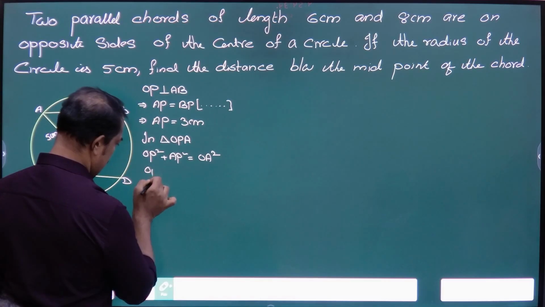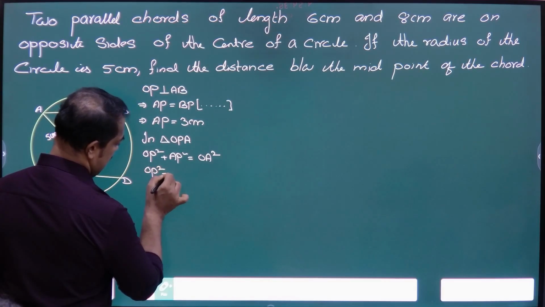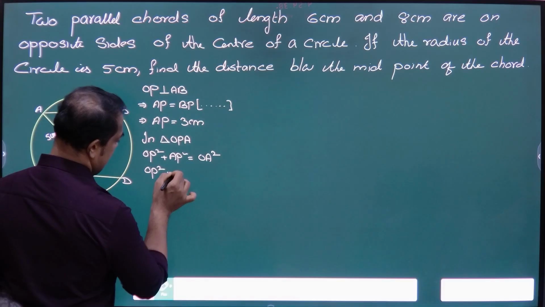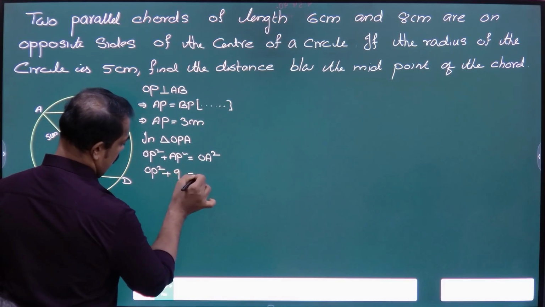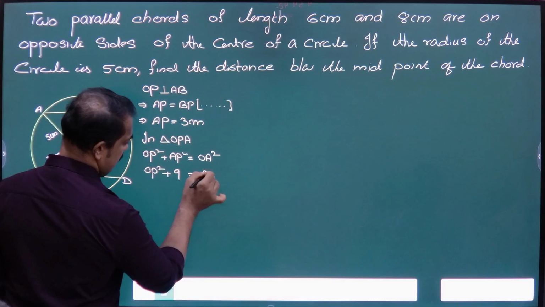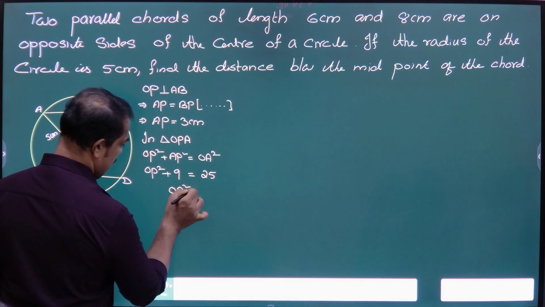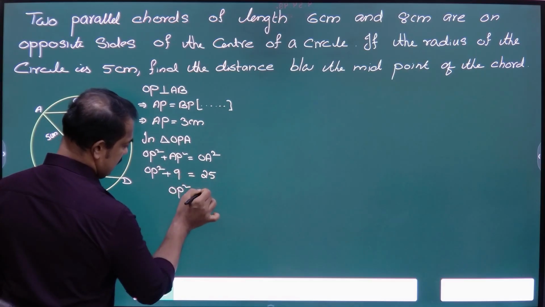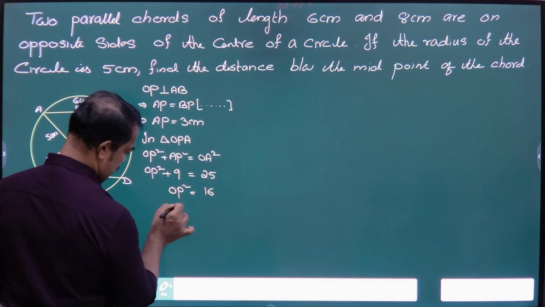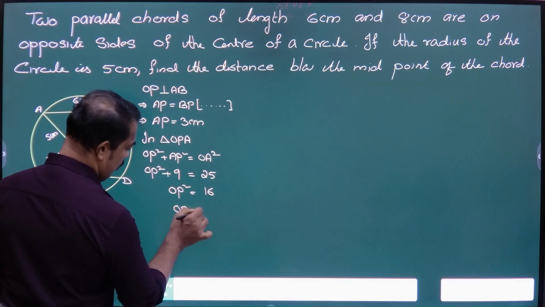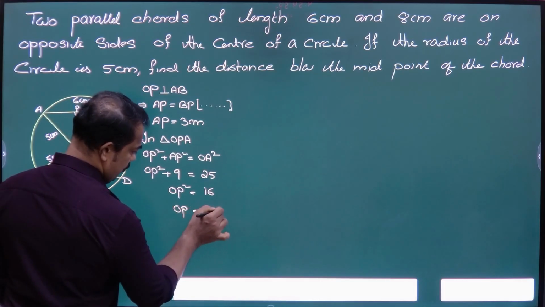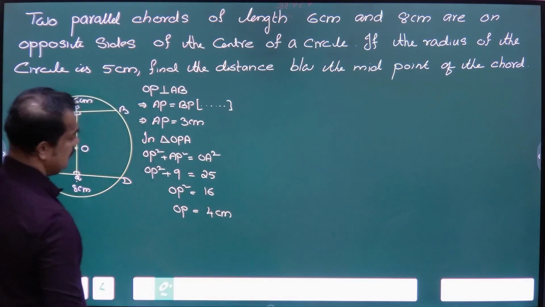OP, that you want to find, plus AP, 3 square is 9, OA, 5 square is 25. So OP square equal to 25 minus 9, 16. OP equal to square root of 16, 4 centimeter.